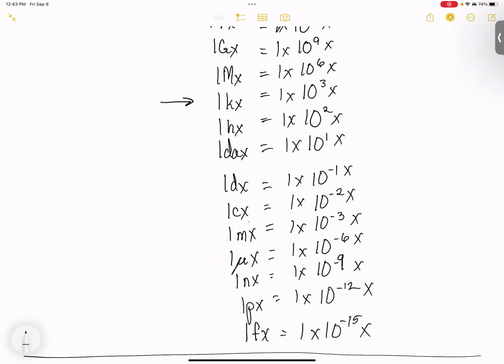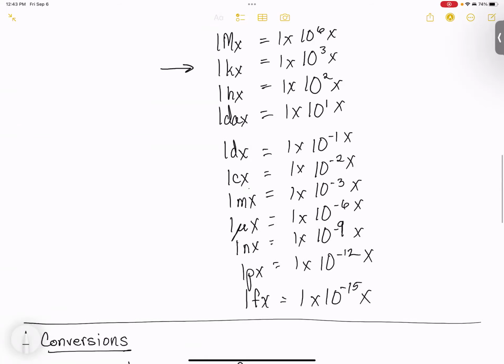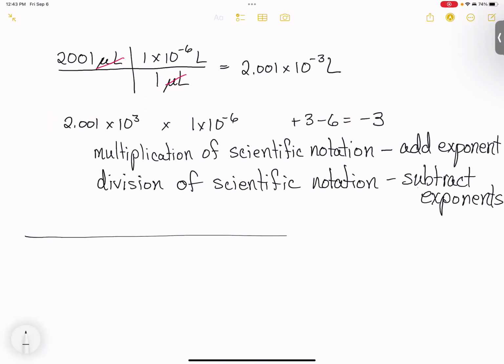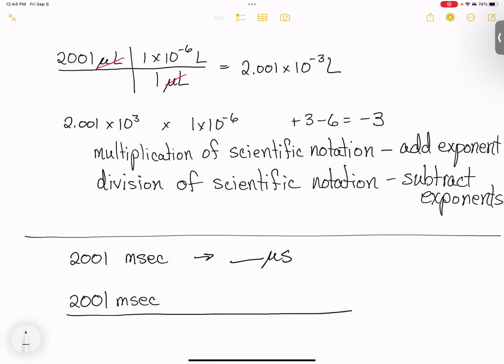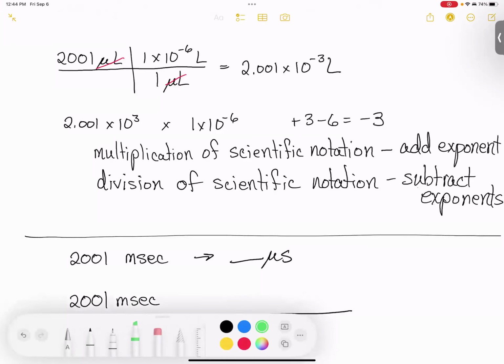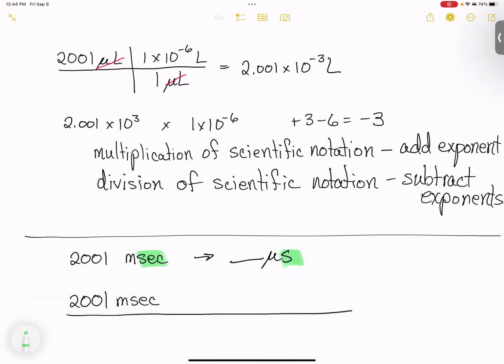So for example, if I take 2001 millisecond and I want it into microseconds, the first thing I note is that they both involve seconds. So that means you're using your prefix table.